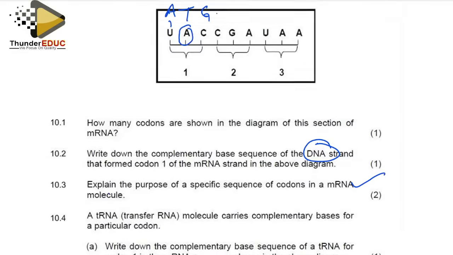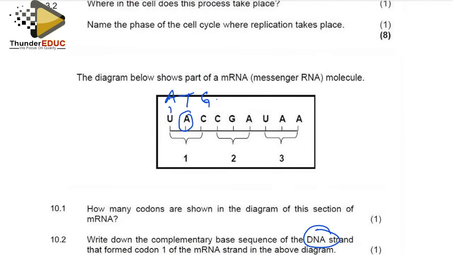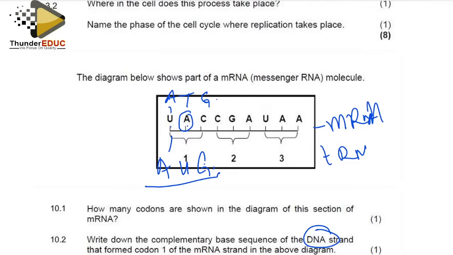So it means that they want codon 1 but for tRNA. If this is messenger RNA, they want now the tRNA. So automatically I'm going to say that U goes with A, and then A goes with U, and then G goes with C. So basically it's going to become like that.